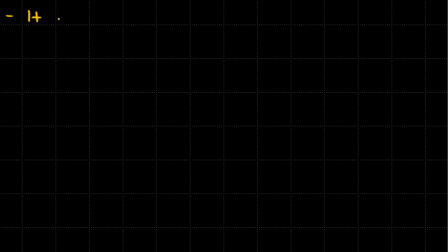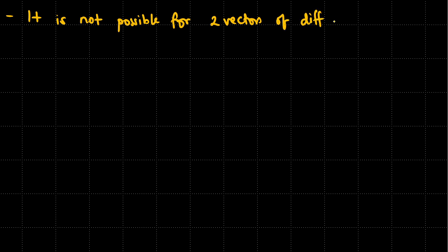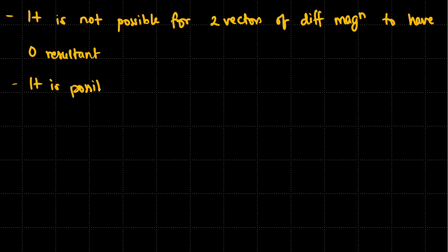It is not possible for 2 vectors of different magnitude to have zero resultant. But it is possible for 3 vectors.